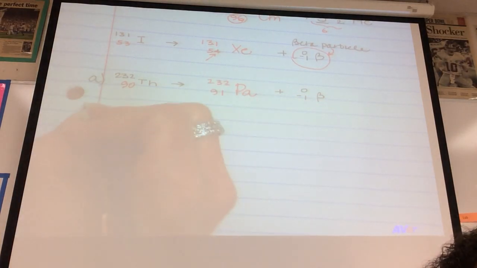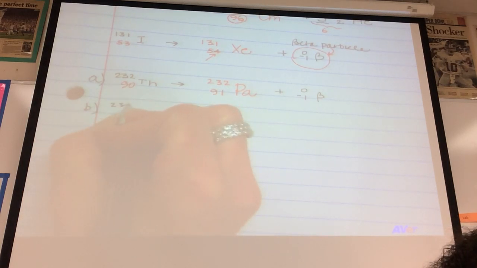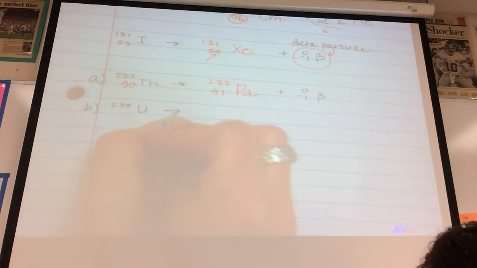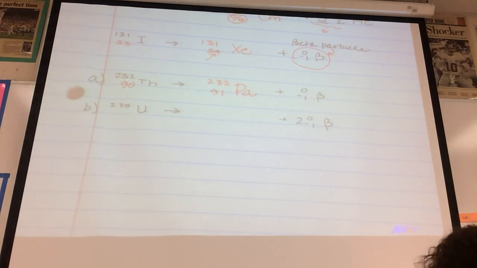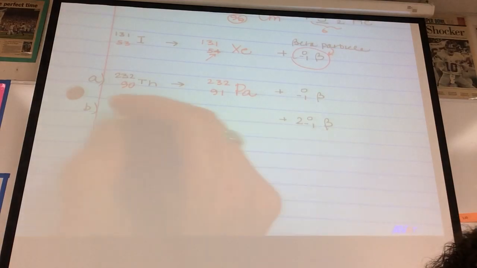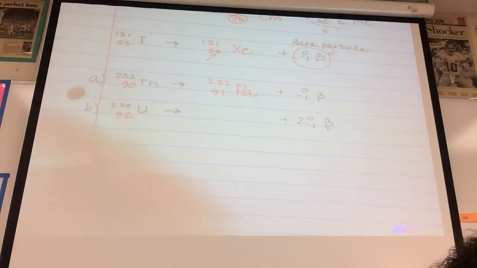You can make it a little trickier. You have uranium-235 releasing 2 beta particles. Periodic table to get the atomic number of uranium. What plus -2 is 92? 94.